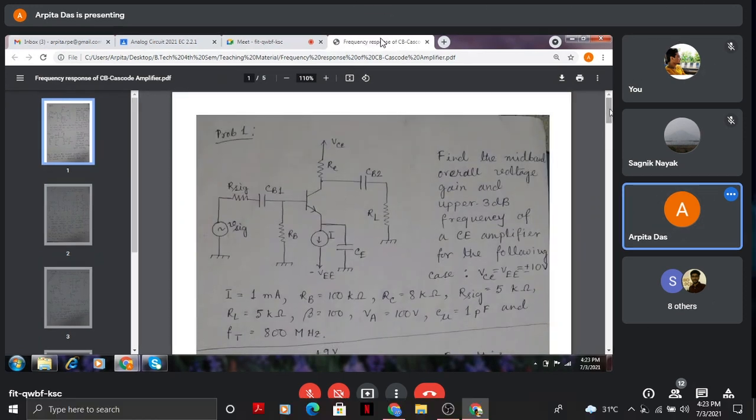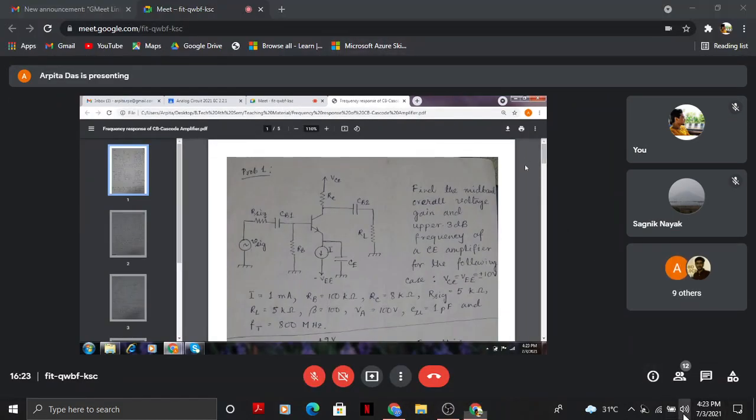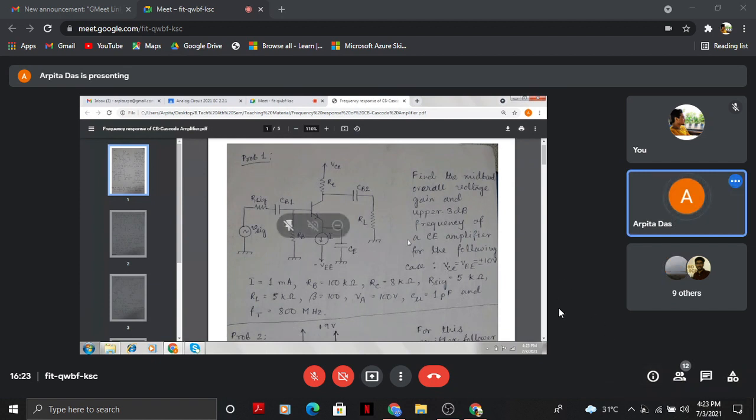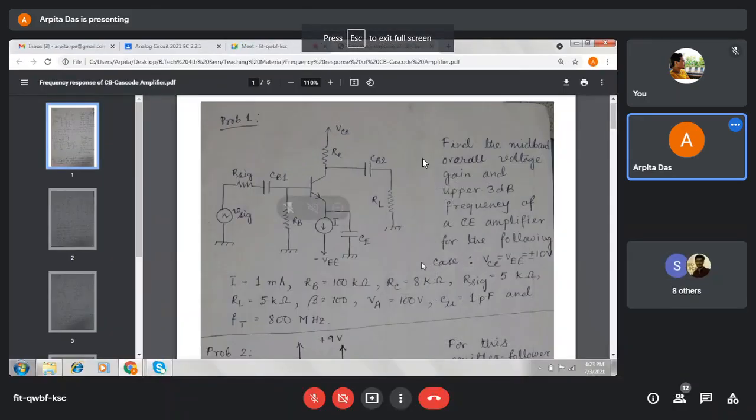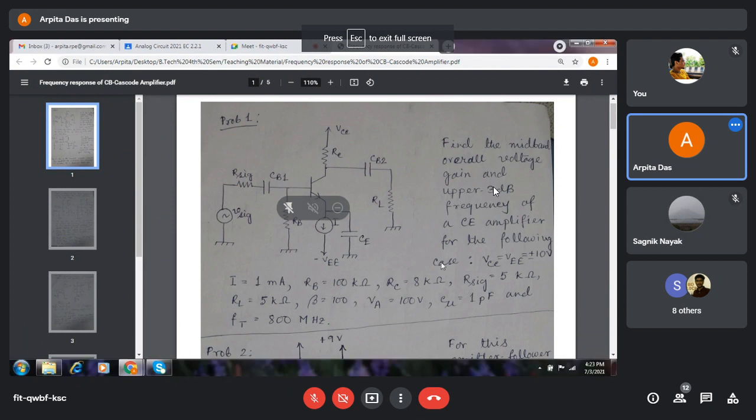So, in the last teaching material, you have already found it. The first one is a problem about the frequency response of a CE amplifier. So this is a clear CE amplifier. All the parameters of the amplifier are given.